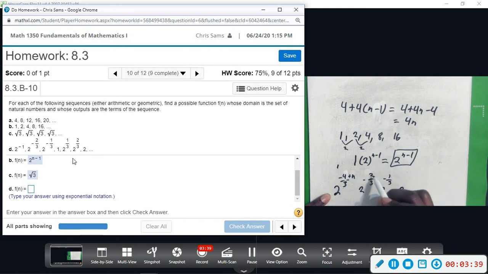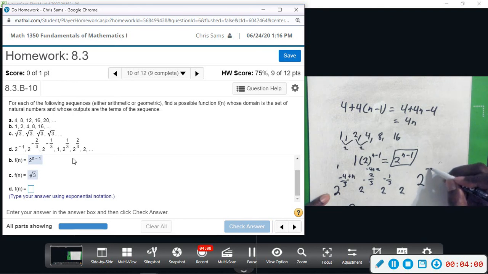And if I had this as negative 4 plus n, which will be 2 this time because we're going to be natural numbers 1, 2, that would give us a negative 2. So it looks like we want our function to say 2 to the negative 4 plus n over 3 power.